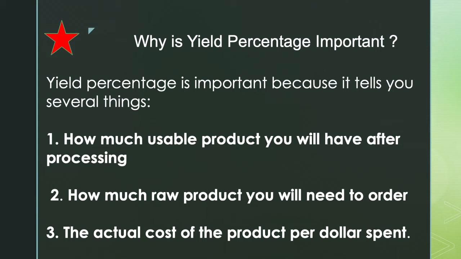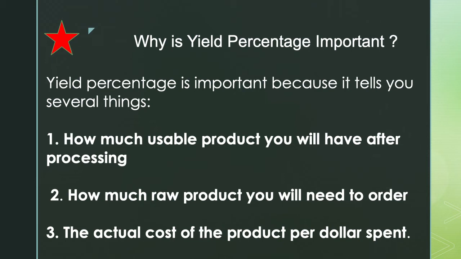Another red star slide. So why is yield percentage important? It's important because as an executive chef, it tells you a lot of different things. You can work a lot of different things out if you know the yield percentage. The first thing that you can work out is how much usable product you will have after you process. So it basically means I can buy a piece of tenderloin and I know that I'm going to get 70% out of that, right? I'm going to buy a kilo of carrots and I know I'm going to get 70% yield out of that.